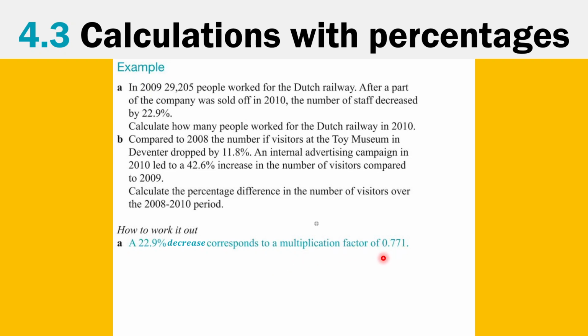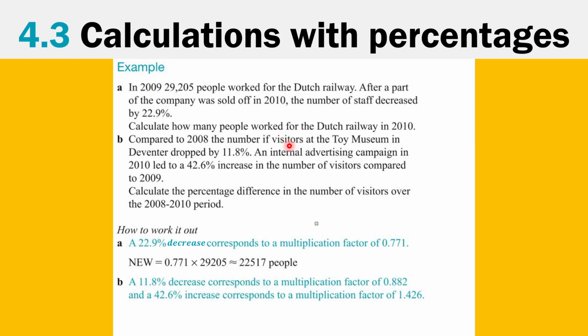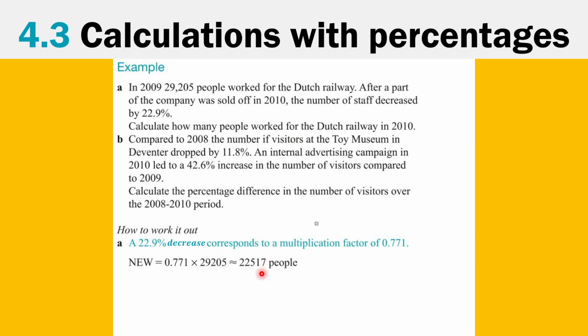And then dividing it by 100 gives me a multiplication factor of 0.771. Multiply this by the starting amount, and that already gives me my final answer here. But be wary that you round it, right? You can't have half a person.